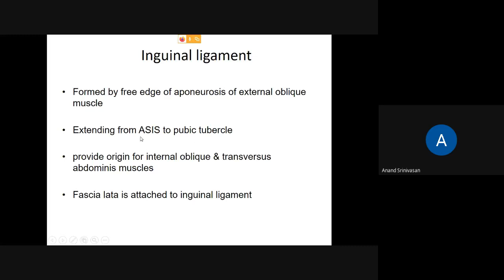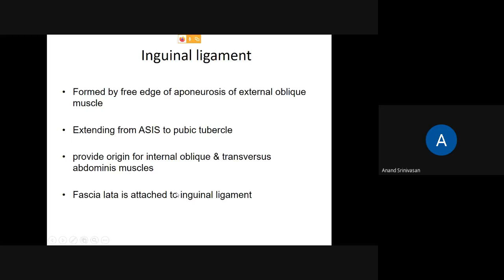The inguinal ligament also provides origin for the internal oblique and transverse abdominis muscles. The fascia lata is also attached to the inguinal ligament. So the inguinal ligament, which comes from the external oblique aponeurosis, has much significance. It gives rise to two more muscles, the internal oblique and transverse abdominis.